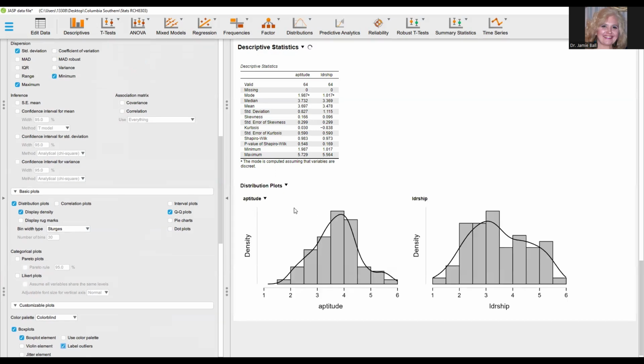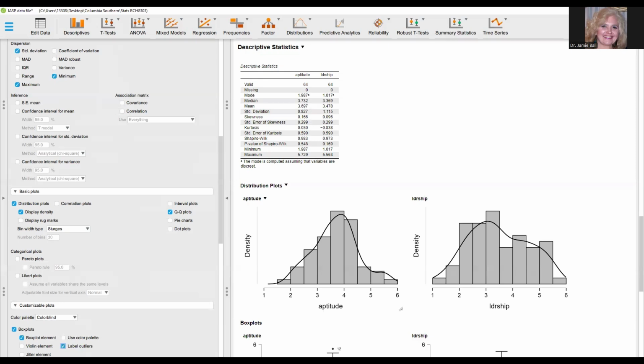Here's my aptitude histogram, right? And we can see it seems to be approximately normal. Well, I expected that because we ran the test. Okay, but let's look at a few things. My median is slightly higher than my mean.